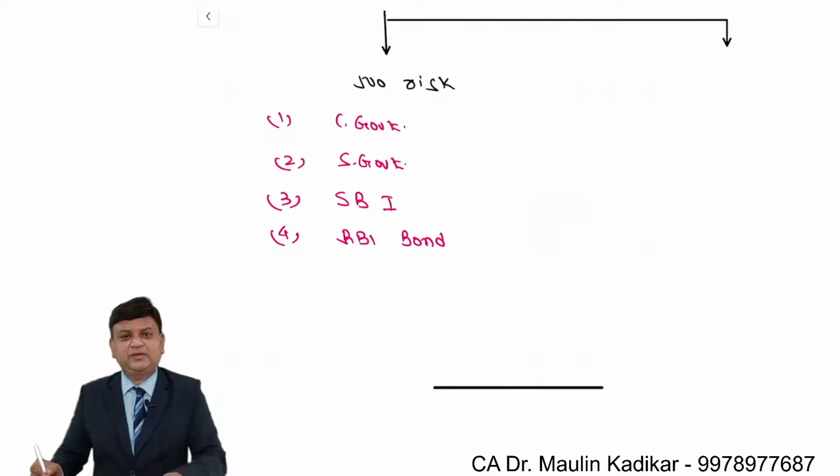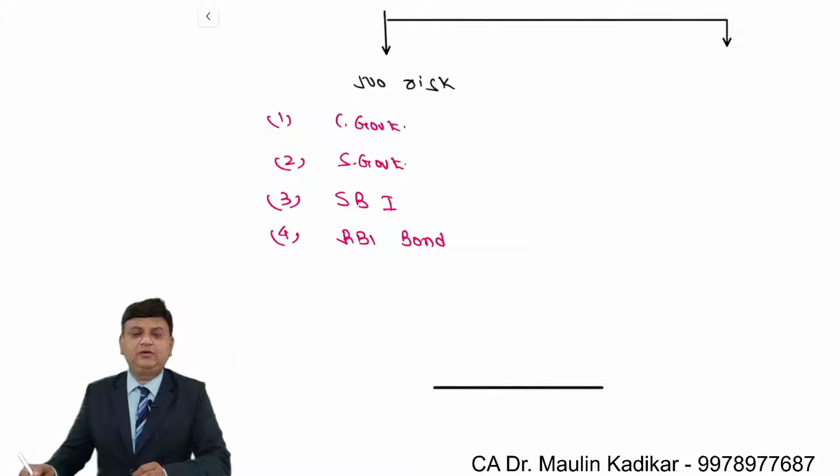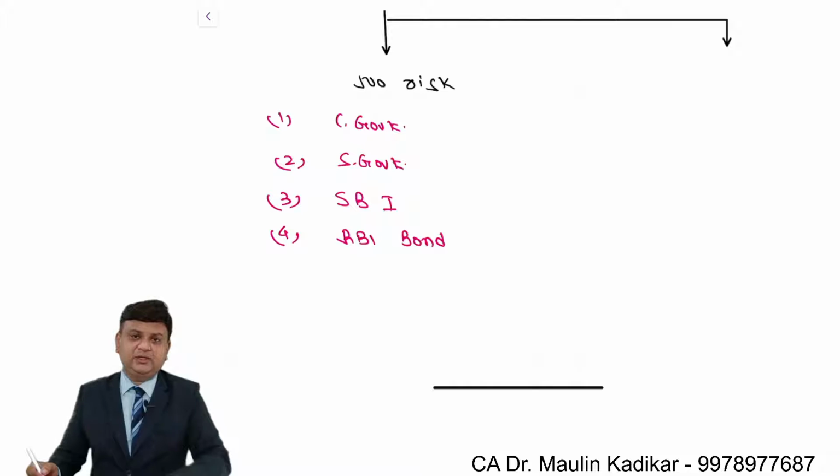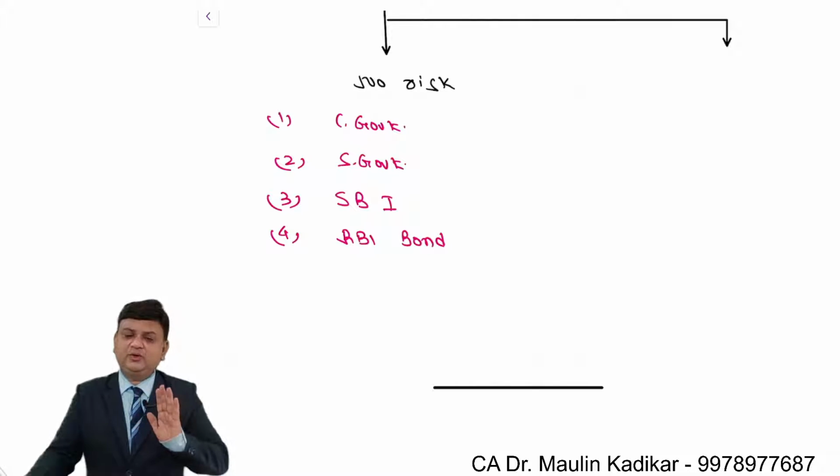It means that whatever return they have committed, you will get exactly the same return, whatever the situation in the market, whether the dollar rate is going up or down, the Sensex is going up or down, or there is a change in the government. You will get the return committed by these organizations.